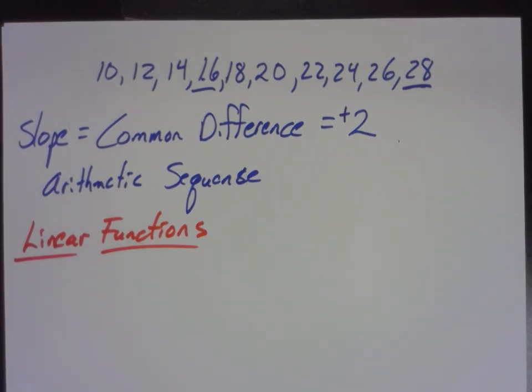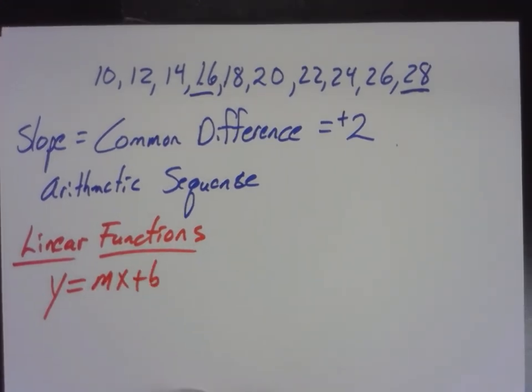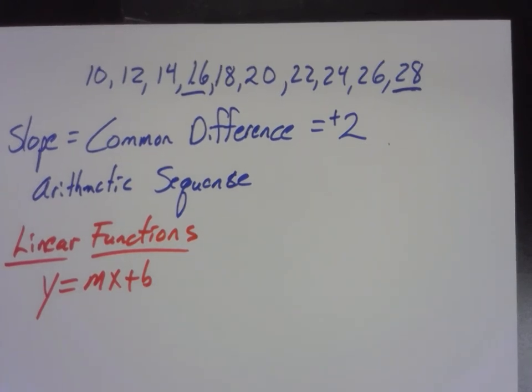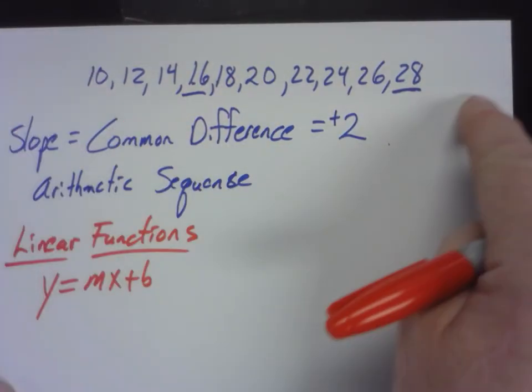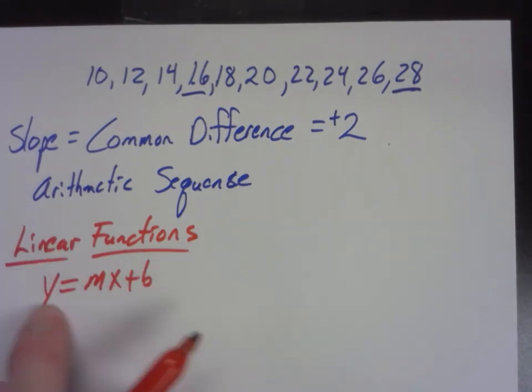We use point-slope formula a lot. What's the other one we use? Yeah, y equals mx plus b, where when we know the slope, we know the y-intercept, right? We got this. So what I'm going to show you is how we can make a model of this sequence, this series, using this type of function.